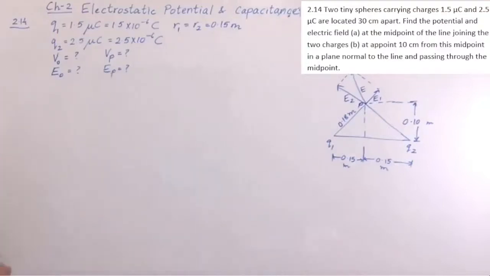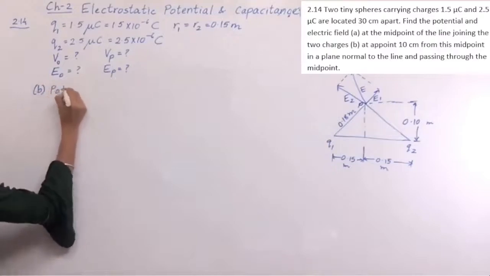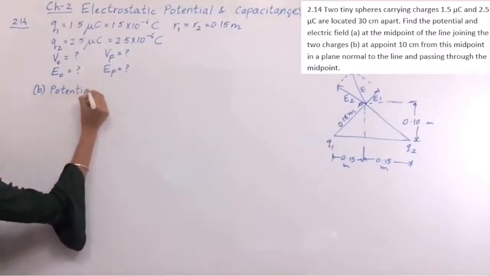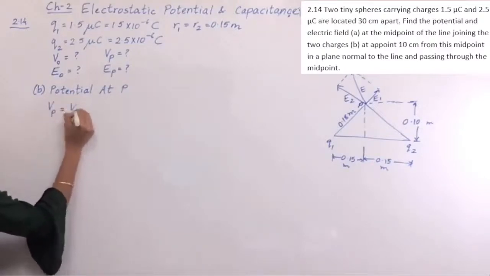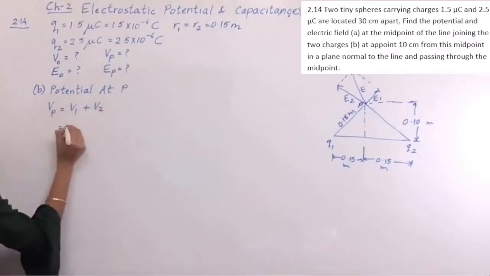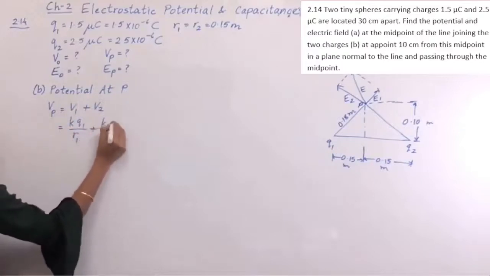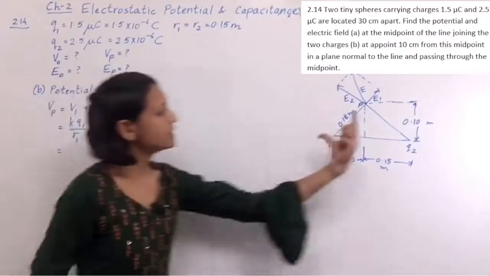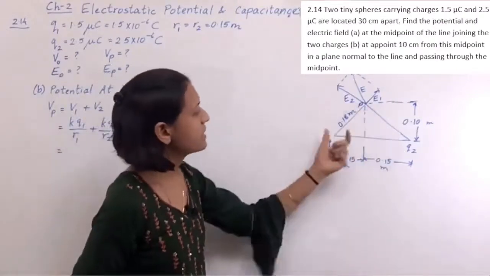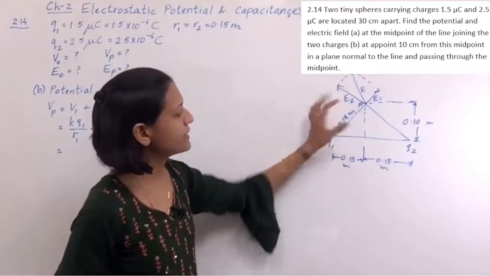So let us first find out that. So potential at P, Vp equals V1 plus V2, that is KQ1 by R1 plus KQ2 by R2. These are the distances: 0.15 and 0.1.